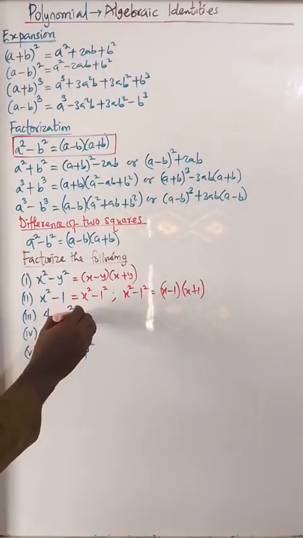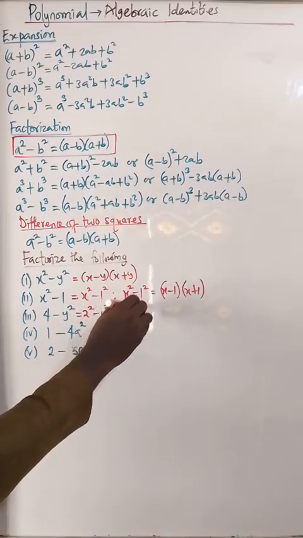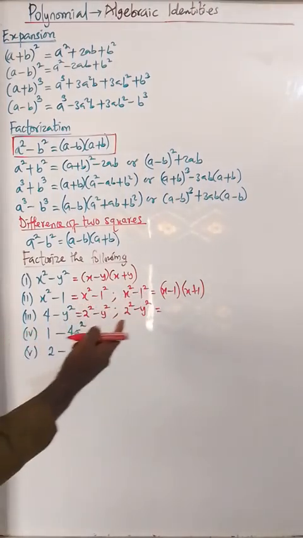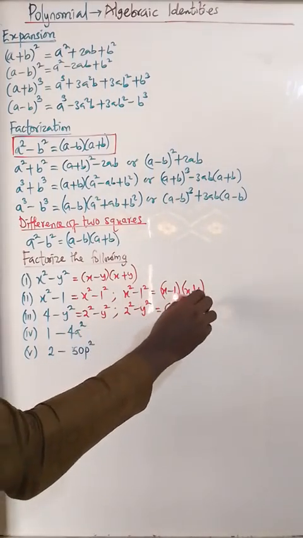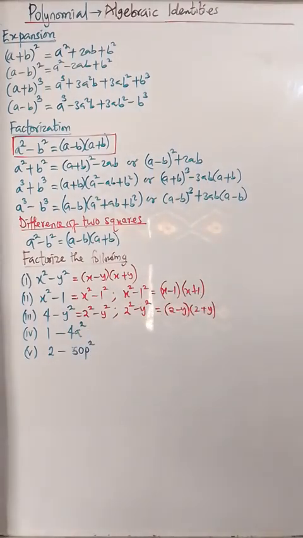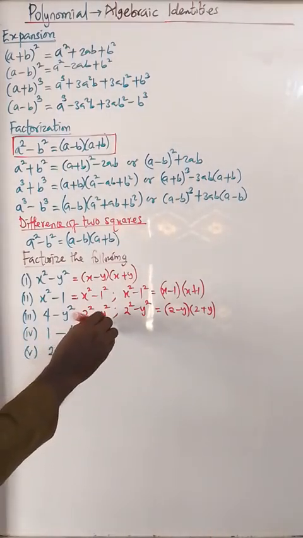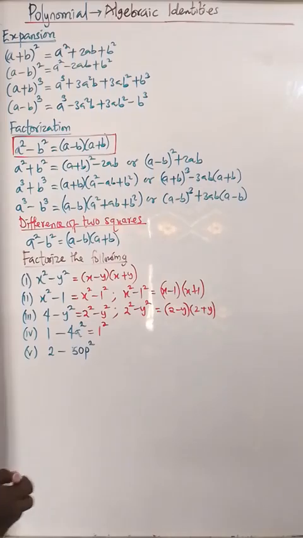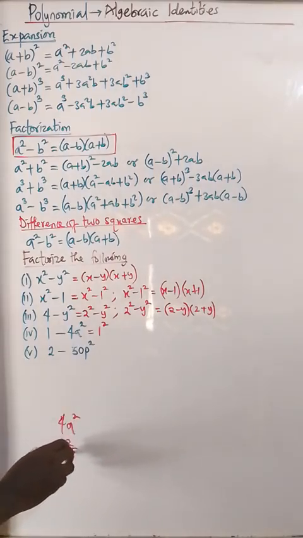The next one, I can write 4 as 2 squared, then it means from here 2 squared minus y squared becomes, if you expand, you subtract, 2 minus y, 2 plus y. Then for the next one, I can write this one as 1 squared. Then 4 is 2 squared. So if I have 4a squared, I can write 4 as 2 squared a squared.